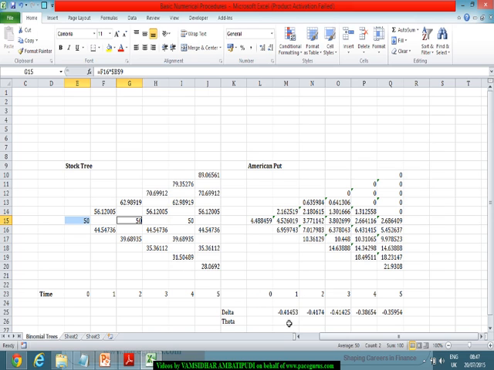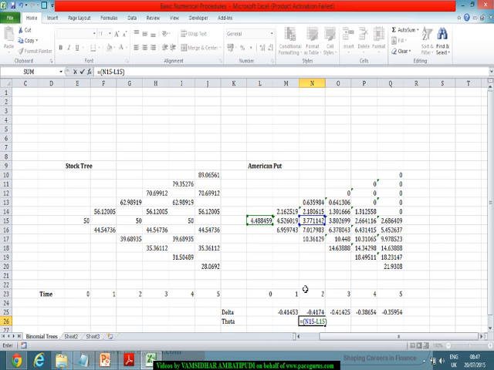If I am looking at this particular period, I will take the price of the option here when the stock price is 50, and again here when the stock price is 50.